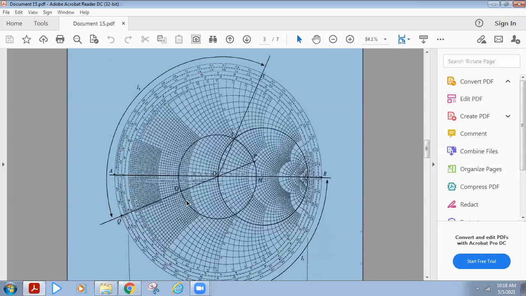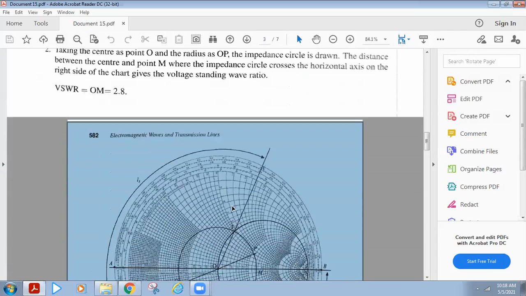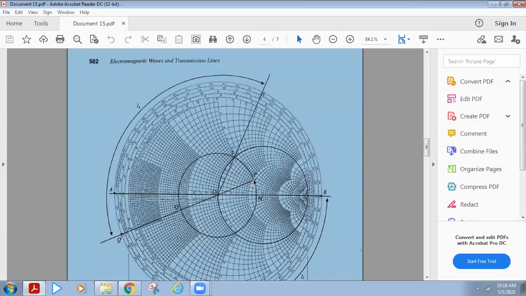You see here, point P is located at the intersection of the circles R equal to 0.58 and X equal to 0.69.